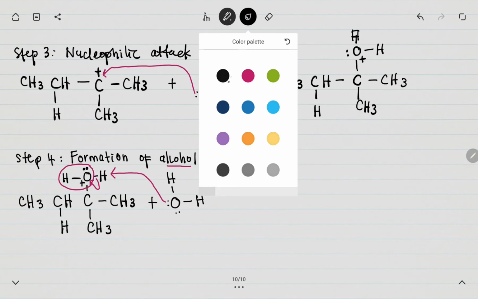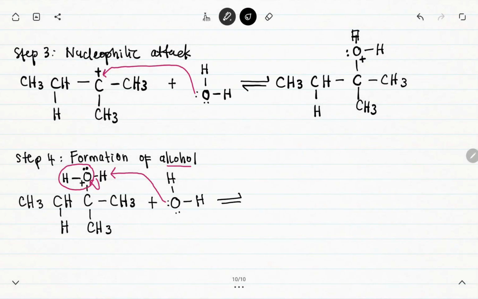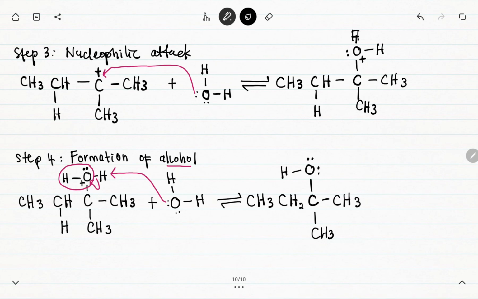So the product formed is CH3, CH2, where I combine the two hydrogens here, CH3, and this is also CH3. This carbon is covalently bonded with the oxygen and H, and this oxygen has 2 lone pairs.